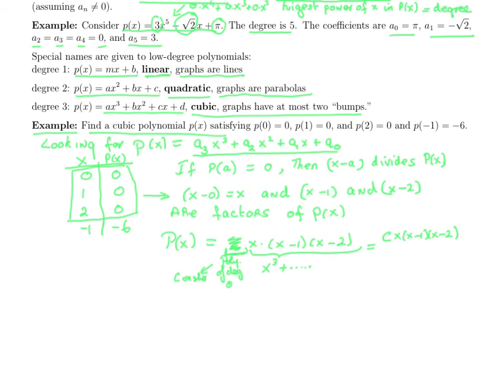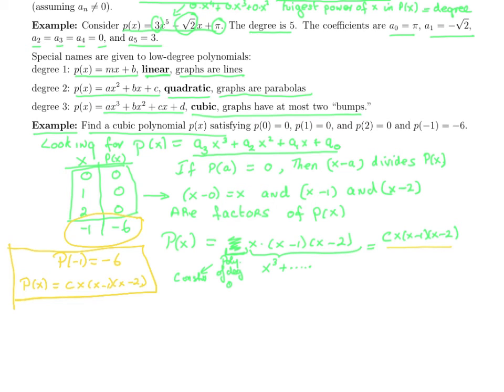How do I find that c? Well, there's one piece of data that we haven't used here, and that is p of minus 1 is equal to minus 6. So we now know two things. We know that p of minus 1 is minus 6, and p of x looks like a constant times x times x minus 1 times x minus 2.